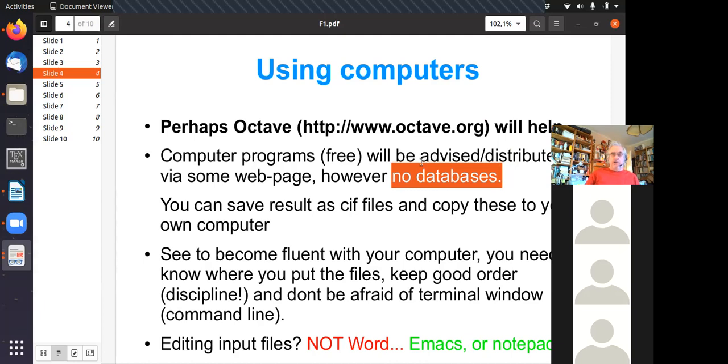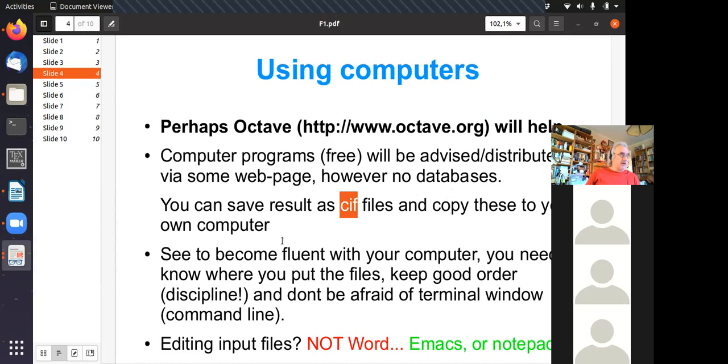So downloading it will be quite time consuming if you're not on a very fast line, and the speed could also be limited from the database side. But you can also search it via the internet. It's the COD, like torsk in Swedish, the Crystallography Open Database. Then one saves the search results as CIF, crystallographic information files, and copies them to your own computer.